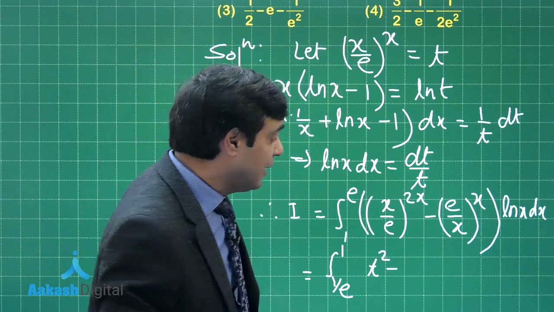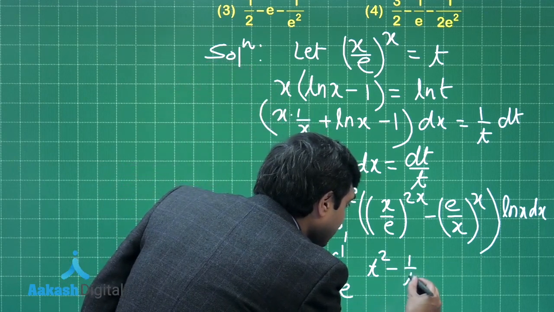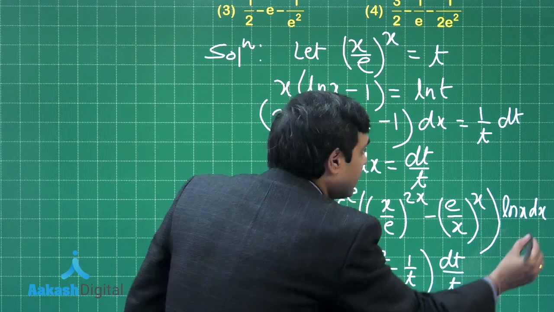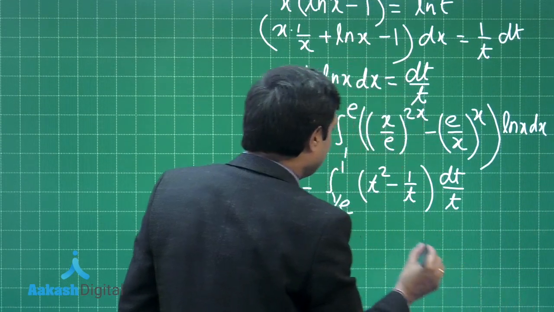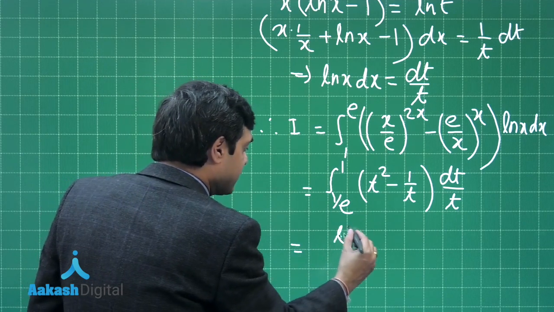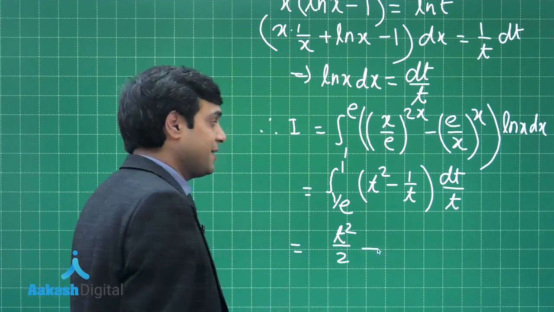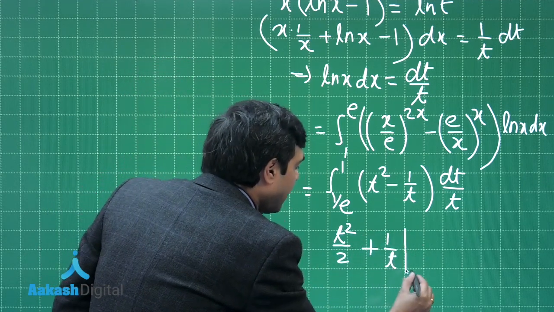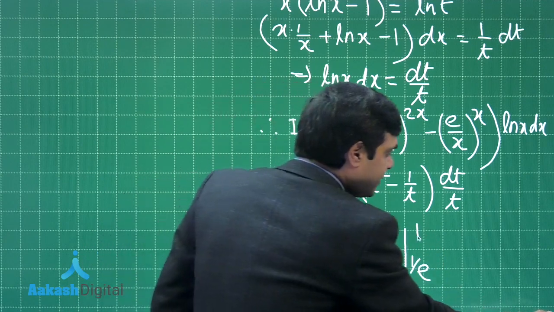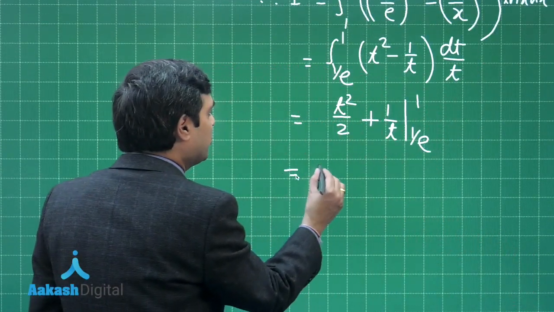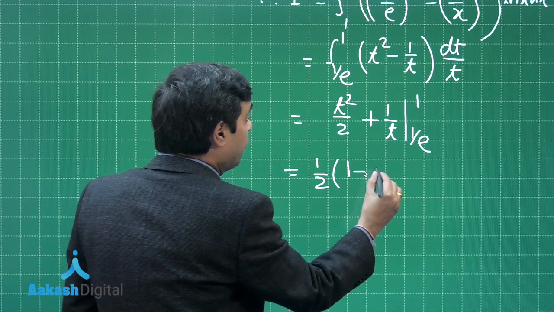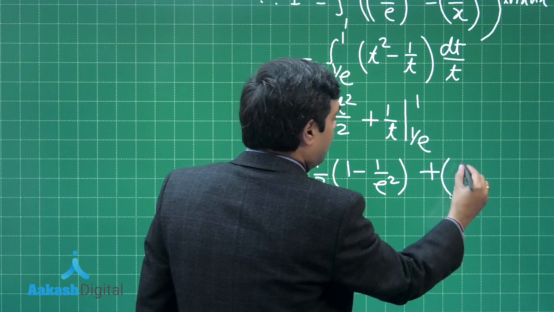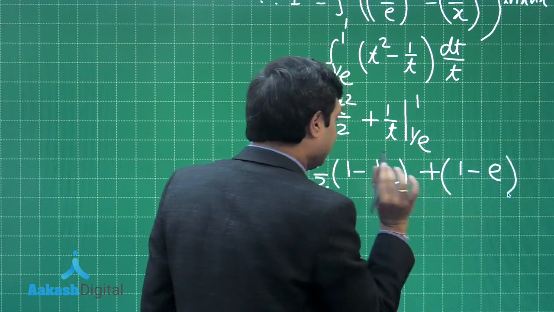So, what would be the result? It is simply (1/t) multiplied with dt/t. Now, integrate it, this gives you t²/2 minus, this is 1/t², so the integral is 1/t. Now, put the limit 1/e to 1 in this result, and that gives you 1/2 into (1 - 1/e²) plus 1 - e.